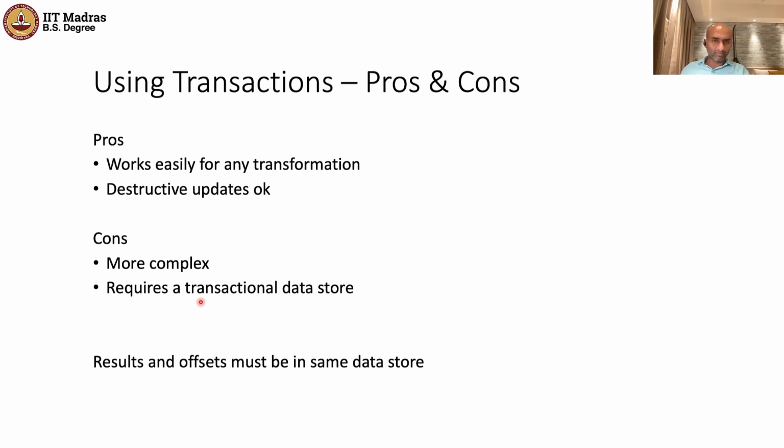Because we're talking about a distributed system with multiple actors involved. But if you still desire exactly once only, there are two ways to achieve it. One, using transactions, which is more general purpose. It caters to all kinds of operations that you might do, but it has the practical limitation that the results and the offsets are all stored in the same system, typically Kafka itself.